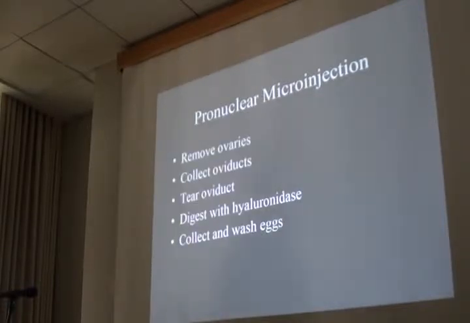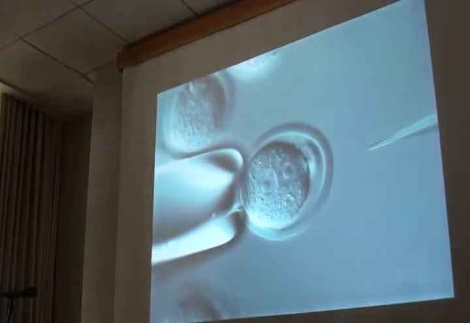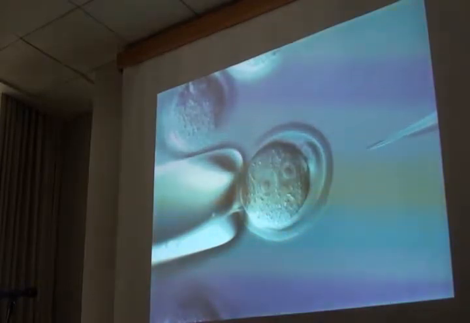So then we remove the ovaries and collect the oviducts and then digest them with the peptidase, and then collect the eggs with a mouth pipette and wash them several times till you get all the junk that's on them and they're nice and clean. And then this is what it looks like. There's our two pronuclei.